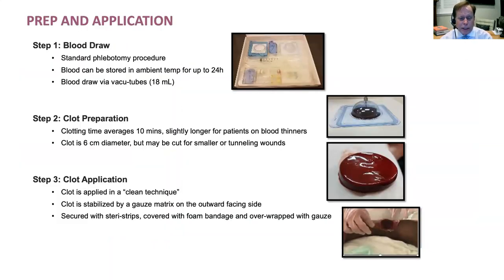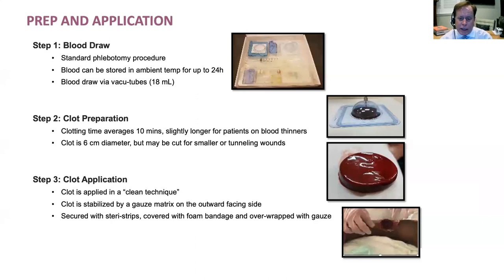So let's talk about how this product, this ActiGraft, would be used. Well, it's very simple. What you do at point of care, when the patient is sitting in the treatment chair, you draw blood, 18 milliliters. Actually, it's a little bit less now with some of the newer kits. You create a clot.